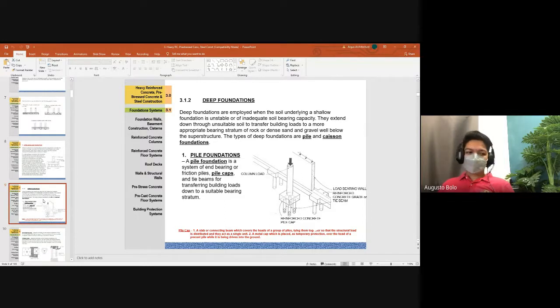Because of the soil condition of the site, they cannot establish a shallow bedrock since it is near the river. The recommendation is a pile foundation, a type of system with end-bearing or friction piles, pile caps, and tie beams transferring building loads down to the suitable bearing stratum.